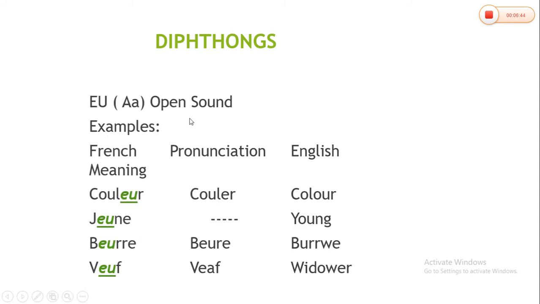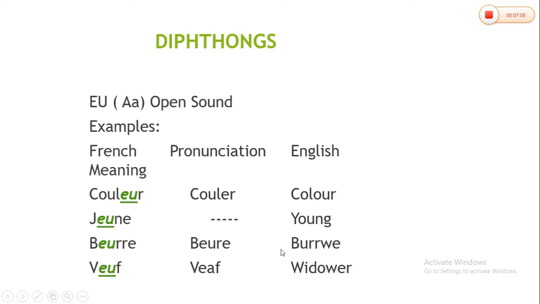EU has an open sound. OU gives U sound, we learned. EU is a. R will be pronounced cooler. Couleur means color. Jeune, young.